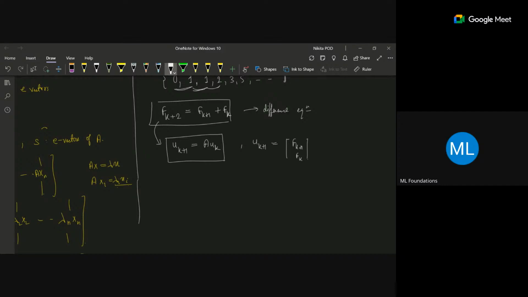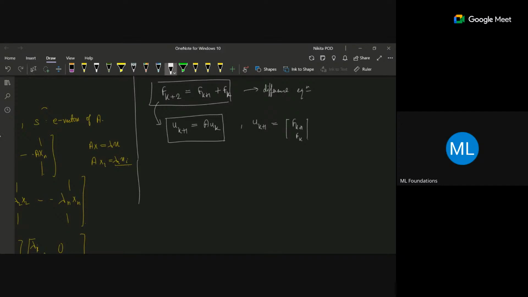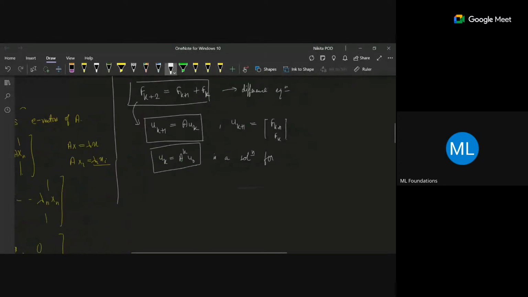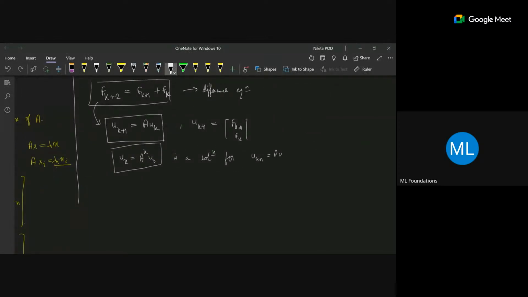So it turns out that u_k = A^k u_0 is a solution for this, u_{k+1} = A u_k.